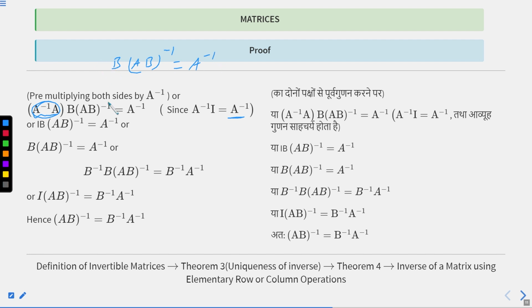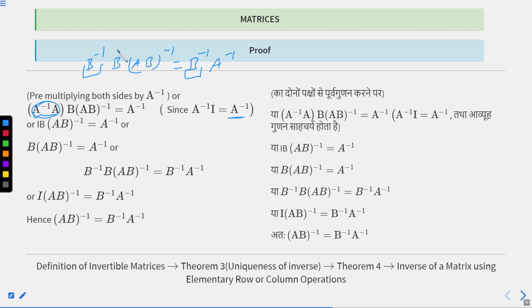This is just B. Now B with (AB) whole inverse. What will I do now? The same thing: I will pre-multiply with B inverse this time. So B inverse, I will multiply to the left side, as you can see, on the left of the terms.